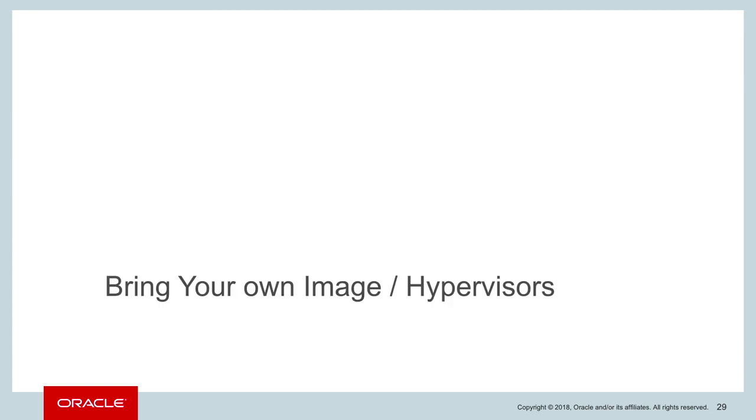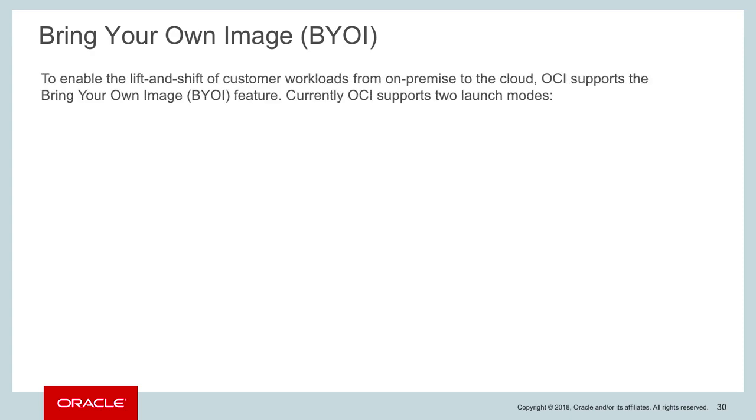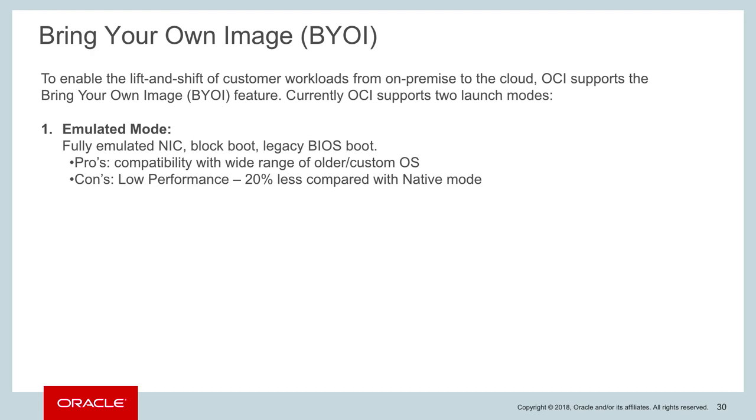All right, so let's talk about bring your own image or hypervisor. Most enterprise organizations have their own images created on premises, and the ability to bring those images over to OCI will save configuration time, as you can import the image as it is and then launch it in the three different modes that I explained earlier.